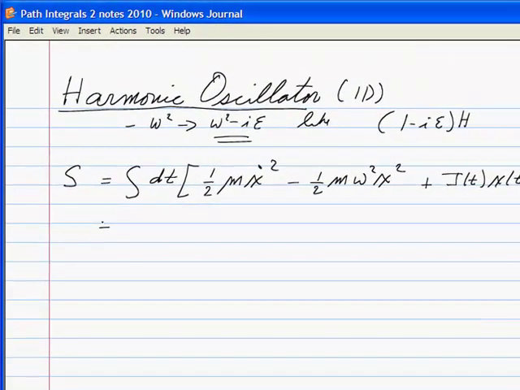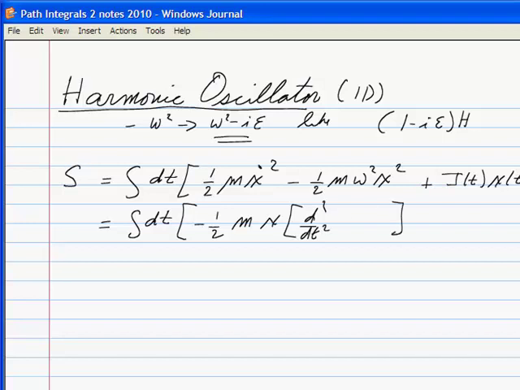Okay. I'm going to rewrite this in the following way, integral dt. So I've got x dot there. I take one of the x dots and I integrate it by parts and put it on the other one. So integrating by parts gives me 1/2 m x, then brackets, minus d squared by dt squared, and brackets x.